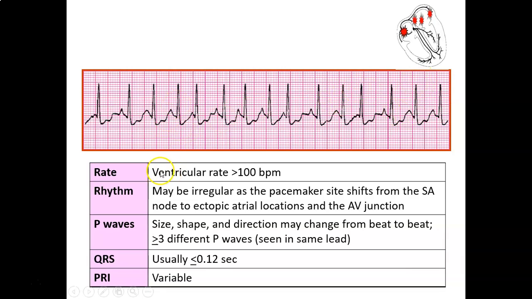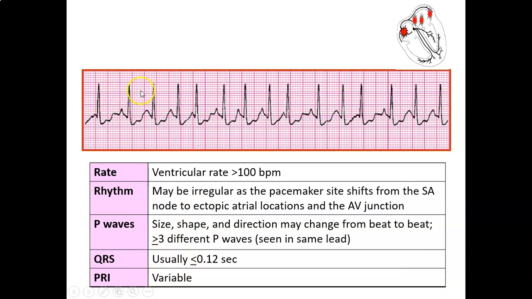Look at this one. Here the rate is obviously more than 100, so this is tachycardia. Rhythm looks irregular. You see the RR distance is variable. Look at the P wave. P wave is there, but the next P wave is a different shape. This is different. So 1, 2, 3, 3 different shapes of P waves are seen, with heart rate more than 100.